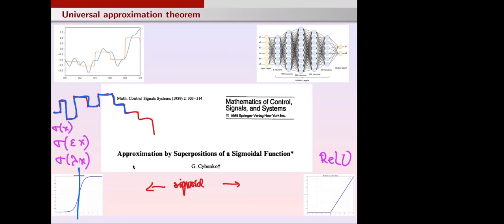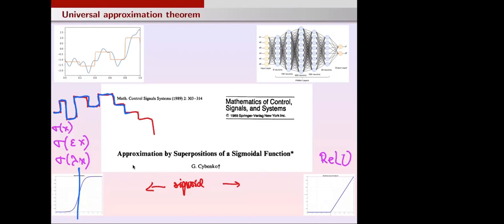So this sigmoid will be more dispersed. The transition will take much longer space to go from 0 to 1. On the contrary, when you take the scaling parameter lambda very, very large, then you will be compressing the transition of sigma, and you will make this transition very steep.